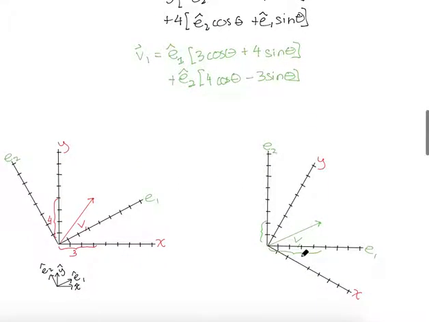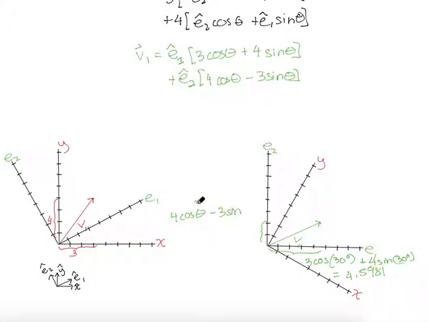Okay, so now this is the E1, so 3 cosine 30 degrees, right? Plus 4 sine 30 degrees. And that one comes out to be, plug it into the calculator, 4.5981. This one right here is 4 cosine theta minus 3 sine theta.